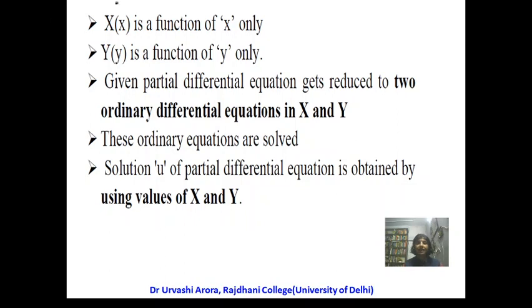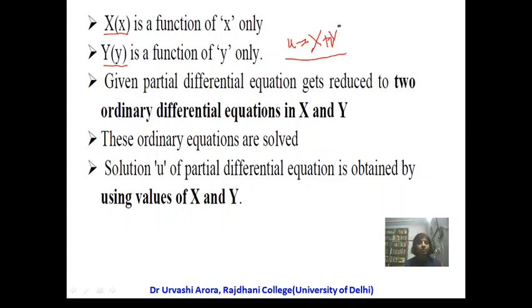Now as already mentioned, capital X is a function of small x only and capital Y is a function of small y only. And what do you do in this method? As we have assumed u to be either a product of X and Y or a sum of X and Y, in whatever the case is, you just use the value of u and put it in the partial differential equation.